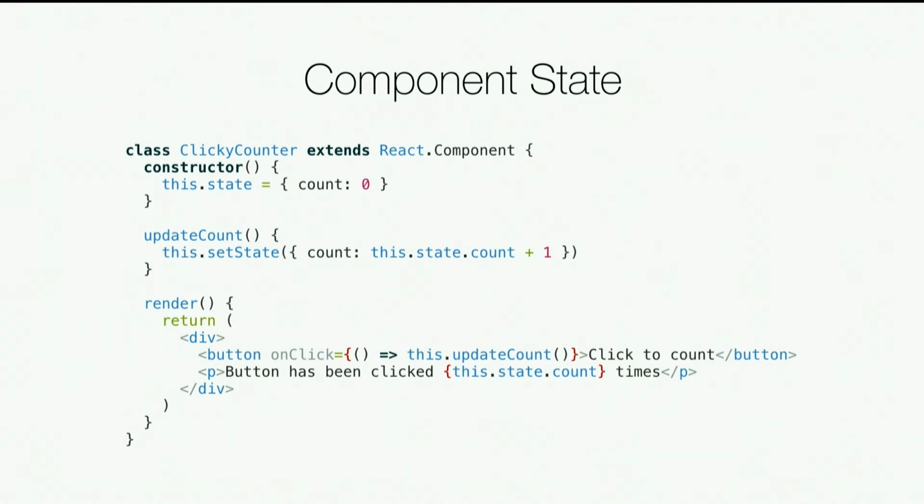And then in our actual component that gets rendered to the screen, we have a button where on click we're going to call that, and then a paragraph that just basically outputs how many times it's been counted. So every time I click that button, it's going to call the update count method. It's going to add 1 to the current state.count, and then that'll get updated automatically in the view for us.